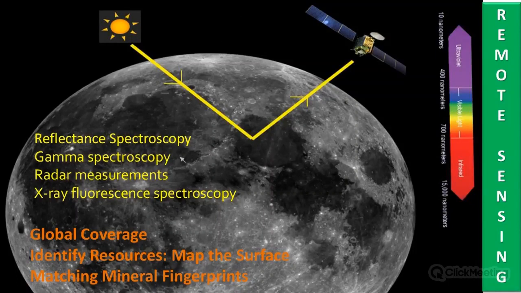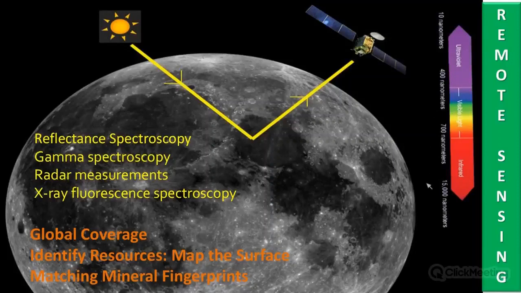So now my major concentration is on remote sensing. Out of these four blocks I showed before, the main concentration is on remote sensing analysis. Here I'm showing the wavelength range from ultraviolet to infrared, and you can go further, up to gamma rays, and you can also have radar measurements.